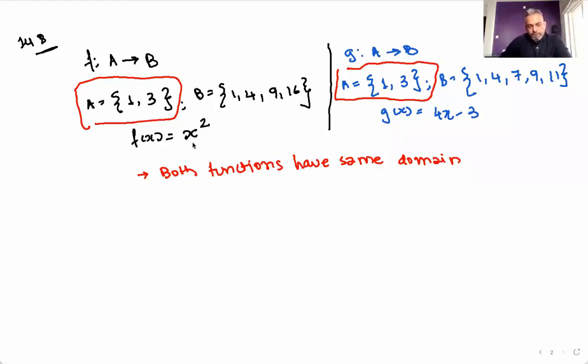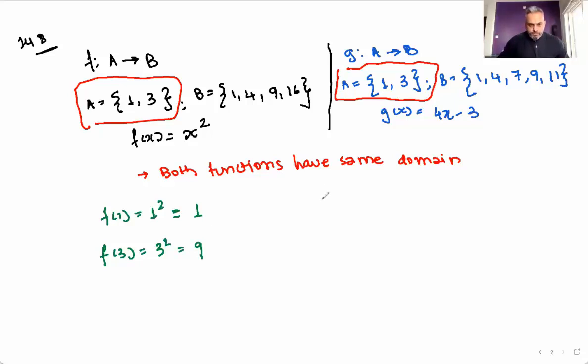So f of x is equal to x square. So we take f of 1, which is equal to 1 square, which is equal to 1. F of 3, which is equal to 3 square, which is equal to 9.